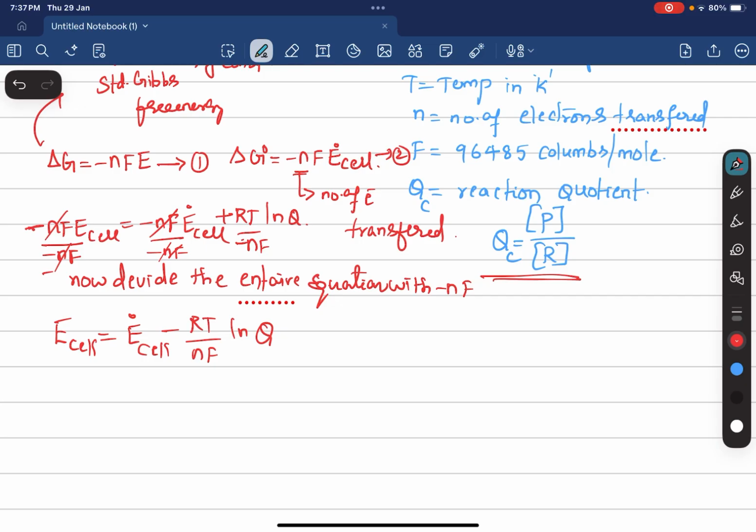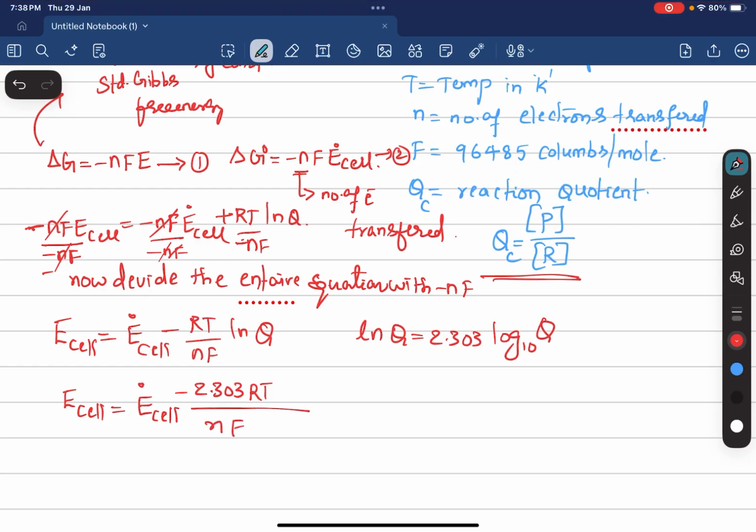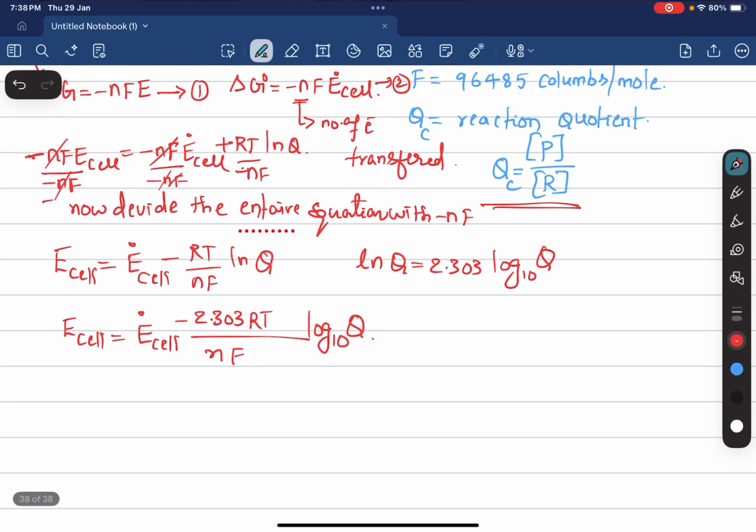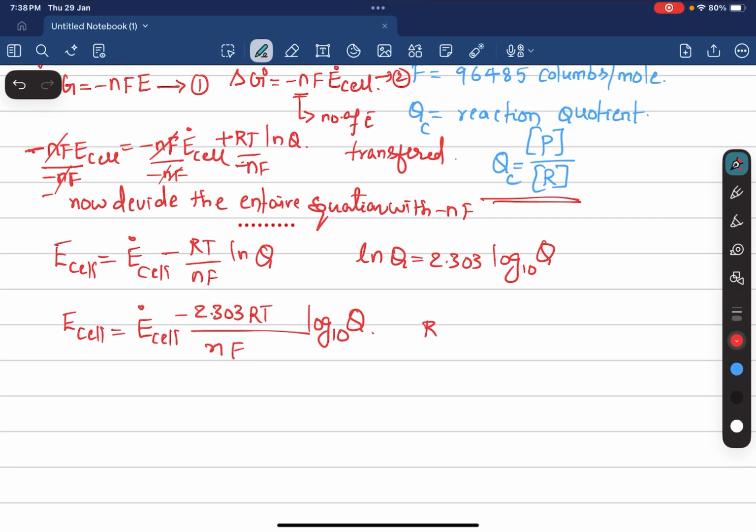Next, here ln Q we can write as 2.303 log base 10 Q. The same thing you can substitute in this: E cell equals E naught cell minus 2.303 RT by nF log base 10 Q. Here R value is 8.314 joule per mole Kelvin.